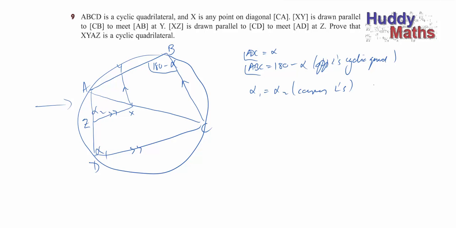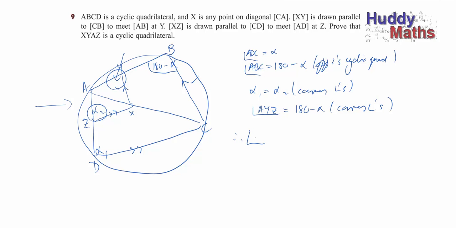Now, what we can say is this angle in here, we're going to use these parallel lines now, just going through them one after the other. Angle AYZ equals 180 take alpha, corresponding angles for those other two parallel lines. And I think we've done it, because we've got that angle and we've got this angle.